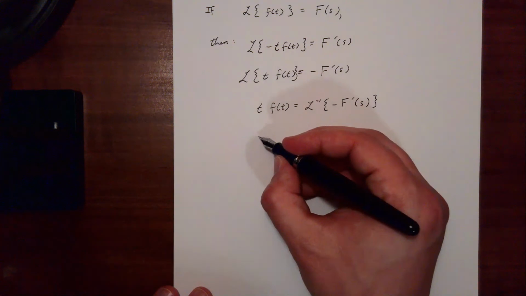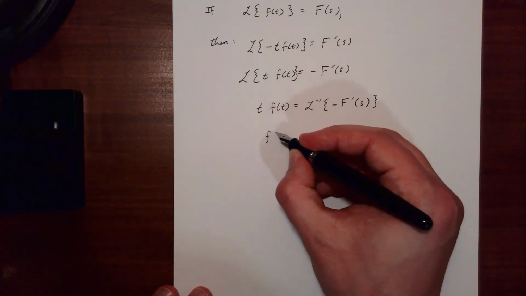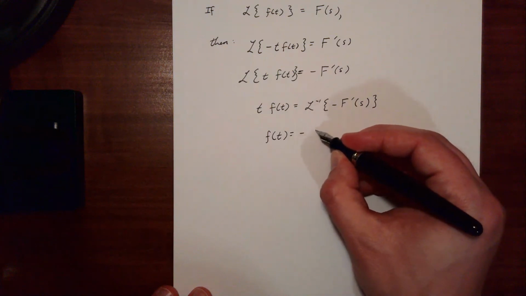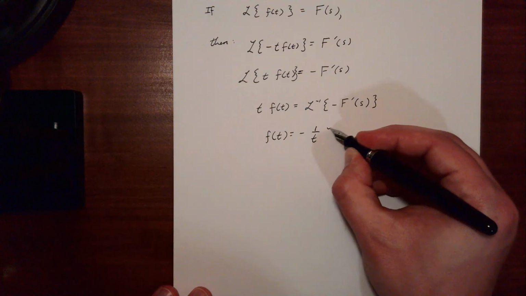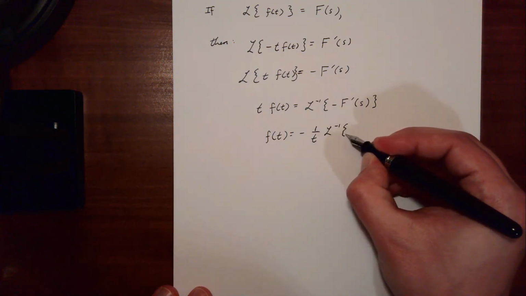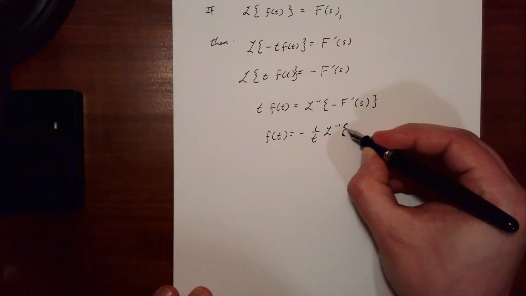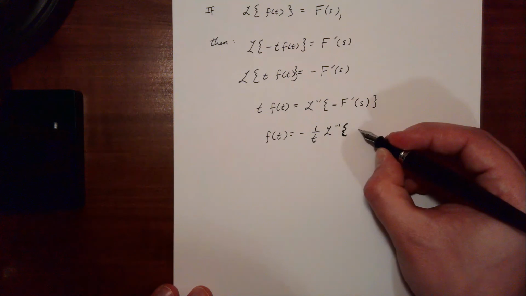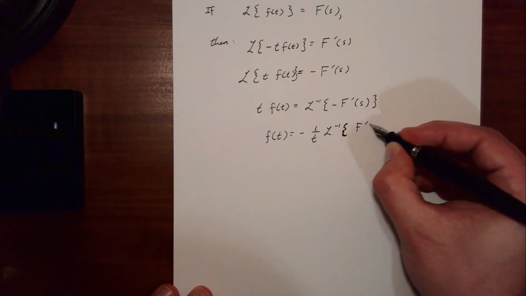And then finally, one last twist on this is negative. So f of t is equal to negative 1 over t times the inverse Laplace transform of the derivative. This is just the most streamlined version of the same formula.